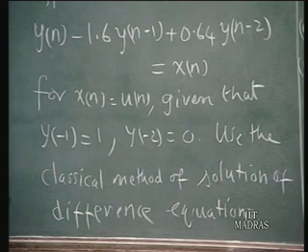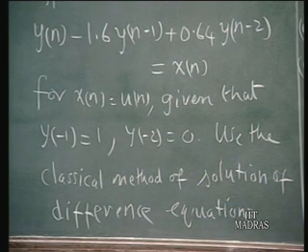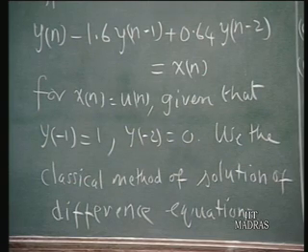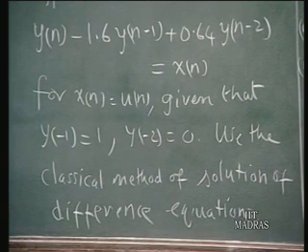Now solve this using the classical method of solution of difference equations. So you find out from the auxiliary equation, find the complementary solution and find the particular solution for the given input function un. Use the classical approach to find out the solution for this using the two initial conditions.